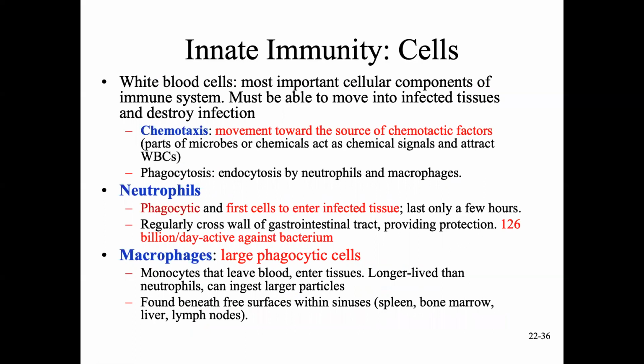When the neutrophil goes into an area infected with bacterium, it doesn't matter if the bacterium is E. coli. It doesn't matter if the bacterium is Pseudomonas, Streptococcus or Staphylococcus. As long as it's a bacterium, the neutrophil will attack it. There's no specificity, right?